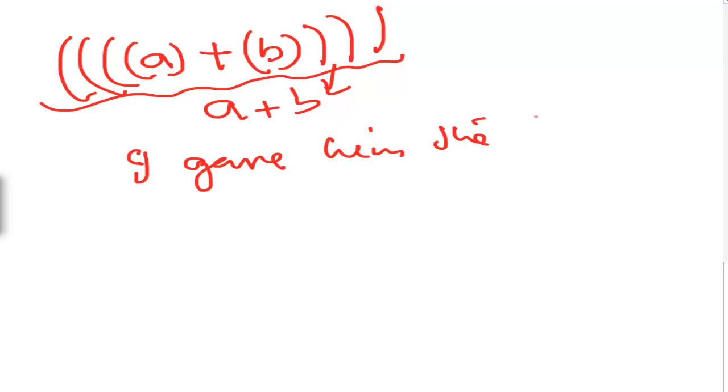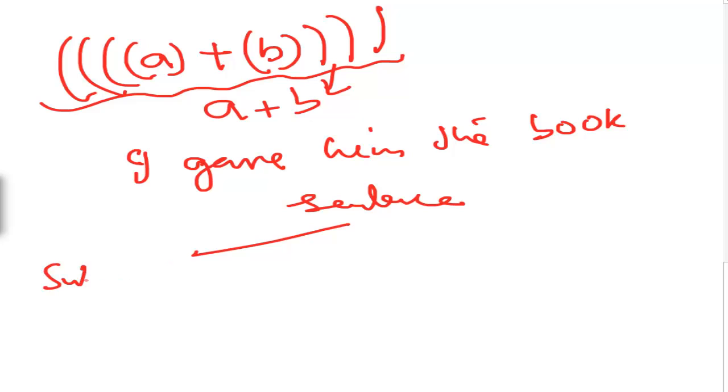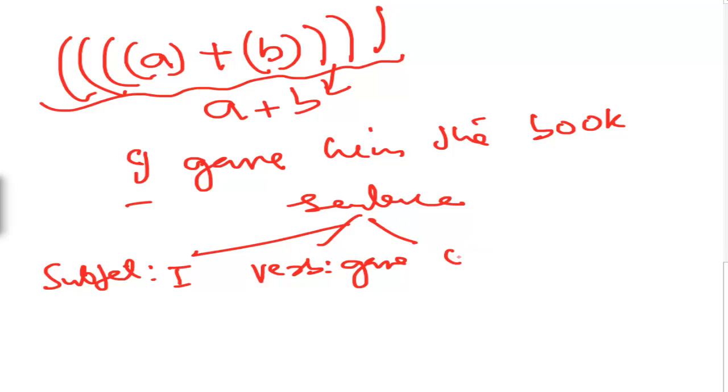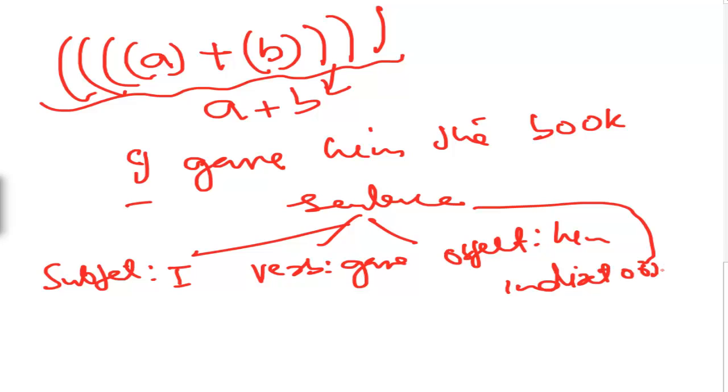Now if you look at this, we have a sentence, and the sentence has many parts. Firstly, the subject. Here we have I as the subject, then we have a verb, that is gave, then we have the object, that is him, then we have the indirect object, then we have the noun phrase here, and in the noun phrase we have two things.